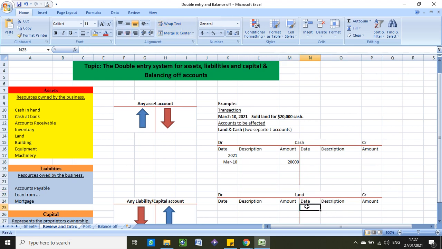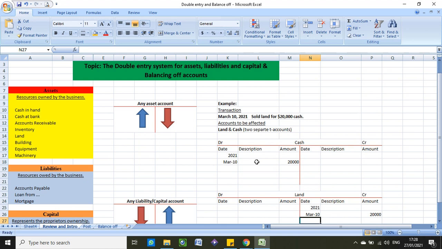So we need to enter the year. That's how we start. 2021, March 10th. I will leave the description for last. The amount also is $20,000. Now, the only thing that I left incomplete here was the description.